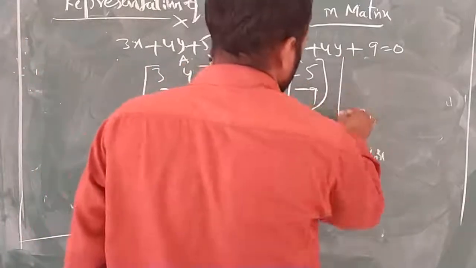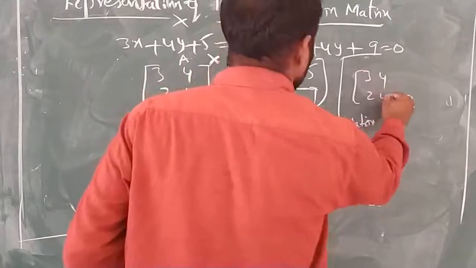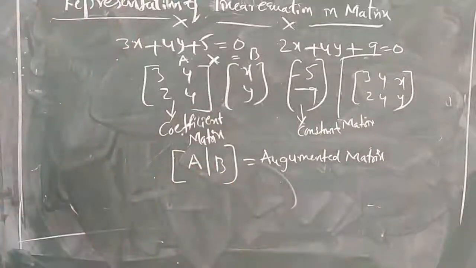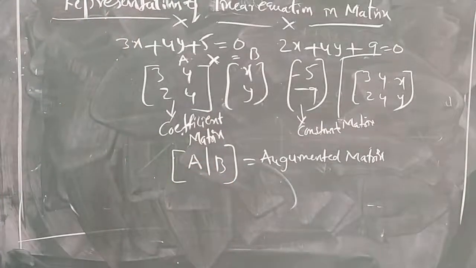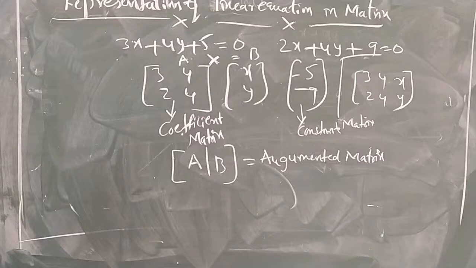So let me write here for understanding: 3, 4, 2, 4, x, y. This we are going to call the augmented matrix. A by B.